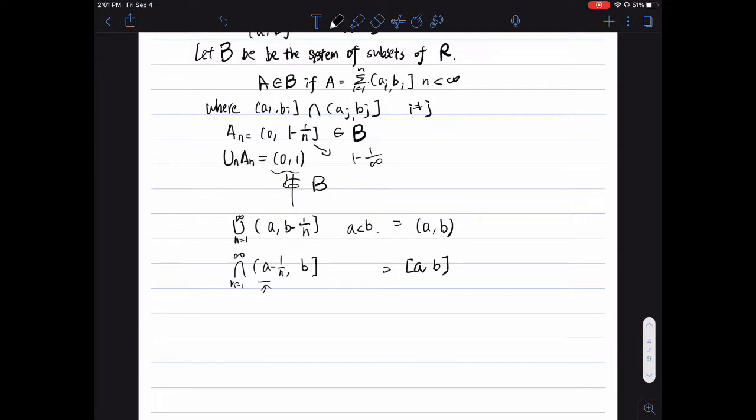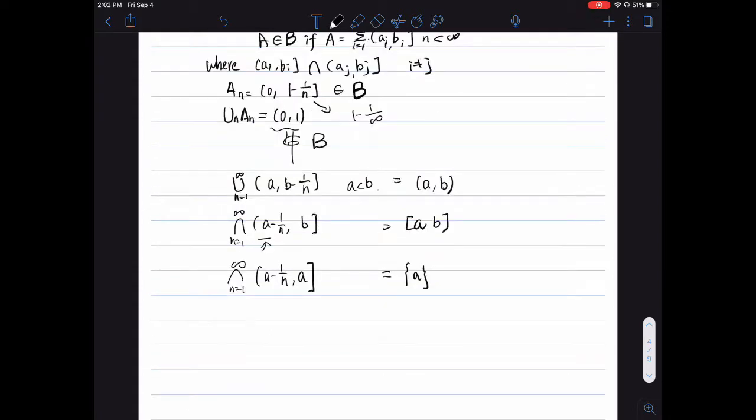Can we get any singletons, which means only one element in the subset? If we take the countable intersection of (a minus 1 over n, a], we're deviating from a, so we're getting further away from a, and if we take the intersection of all such subsets, we will only obtain one single element, that's a.